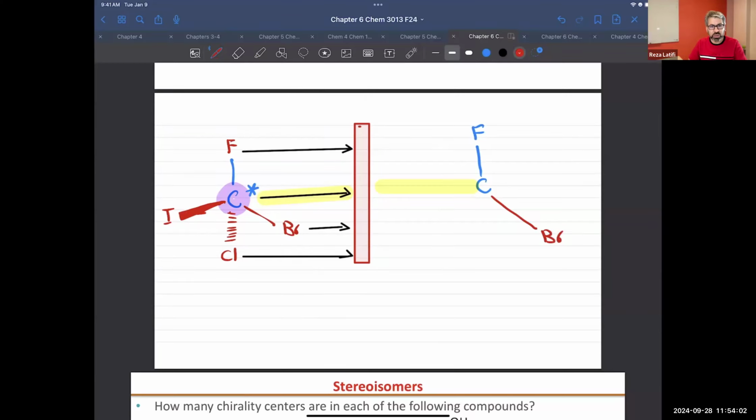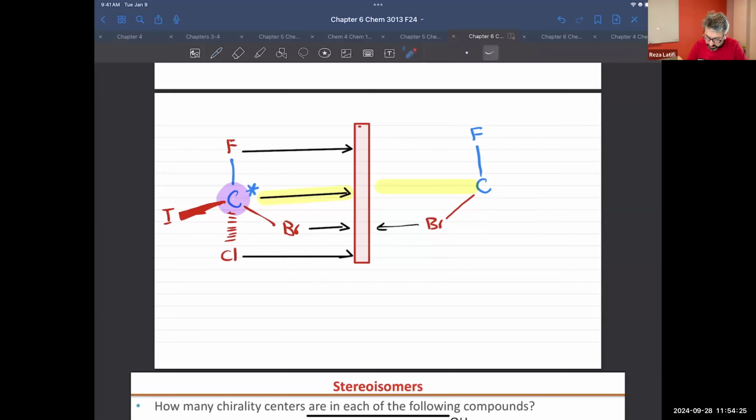What else? Bromine is going to be in this direction, because bromine is actually going to be too close to the mirror. So that's going to be bromine, and here we will have fluorine. What else? Look at chlorine.